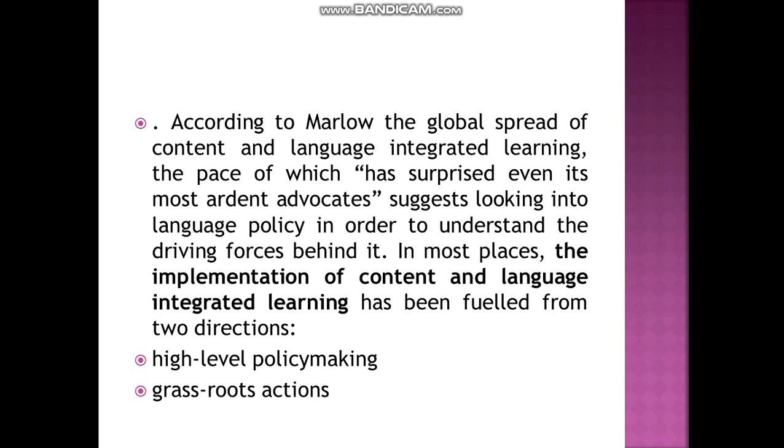In most places, the implementation of Content and Language Integrated Learning has been fueled from two directions. What are these directions? The first one is high-level policymaking, and the second is grassroots actions.